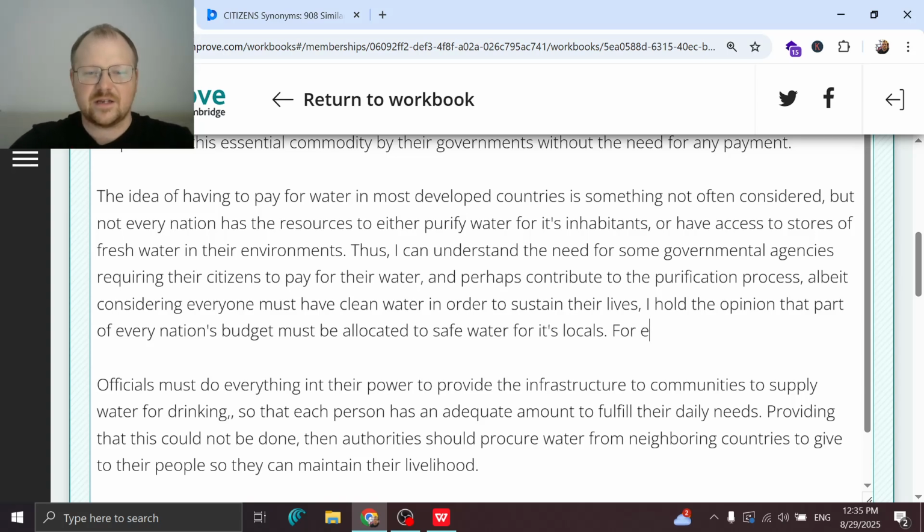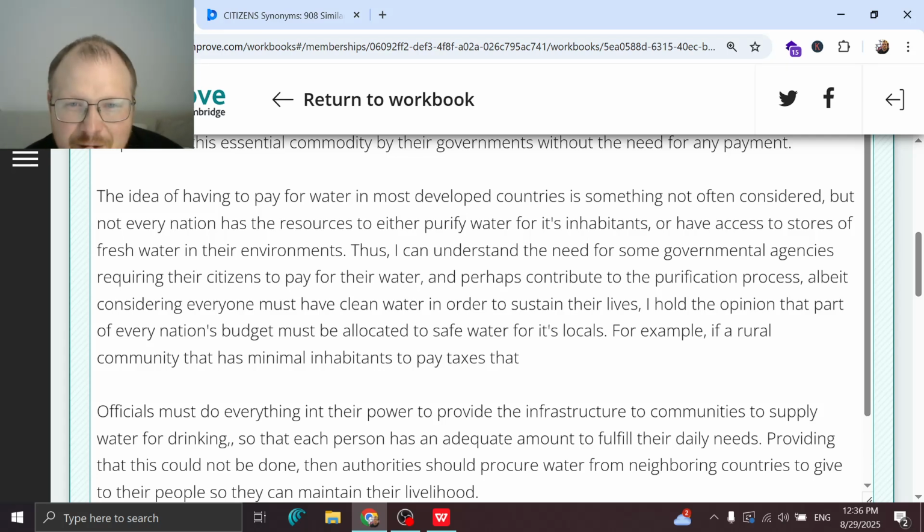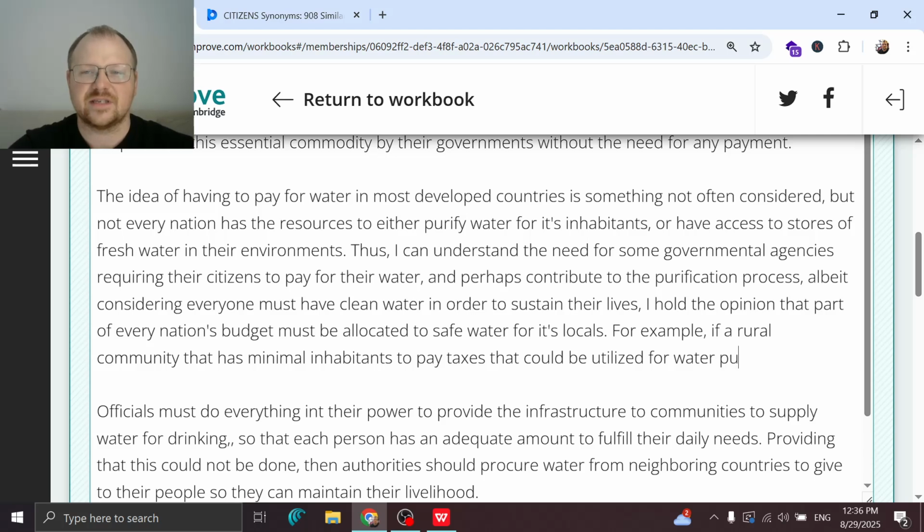Let's have, for example, a rural community that has minimal businesses, minimal inhabitants to pay taxes that could be utilized for water purposes.